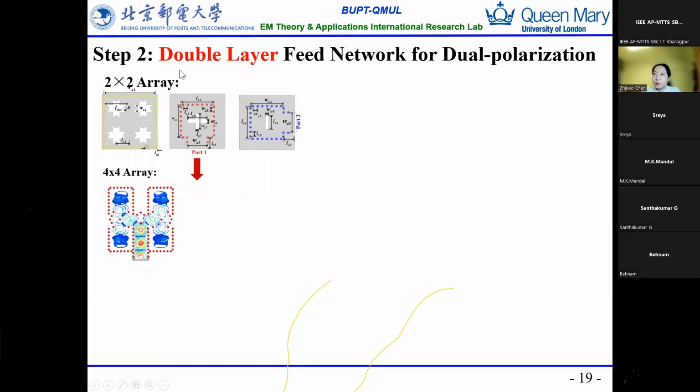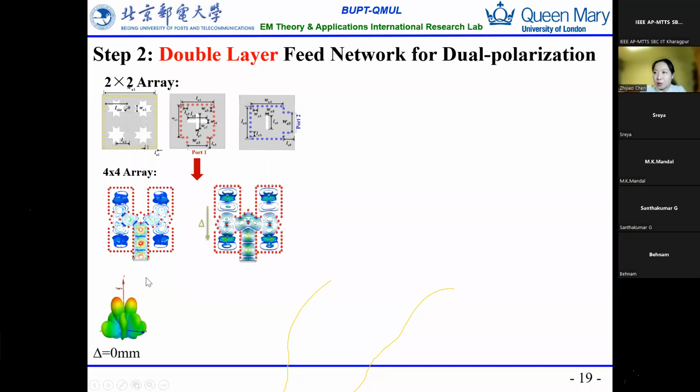Okay, now we extend the 2x2 array to a 4x4 array, like here. Because the 2 cavities are opposite to each other, if we feed them with the same length, it will come with dual beams, because in the broadside the power from here and here will cancel with each other, resulting in a deep null. So in this way, we assign an offset to this H junction here.